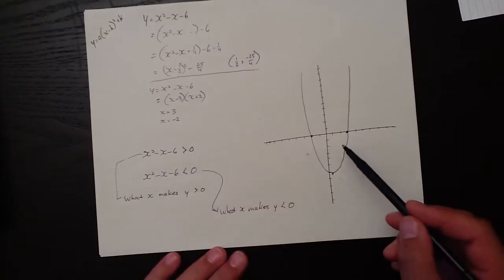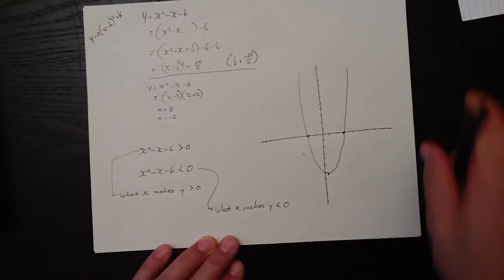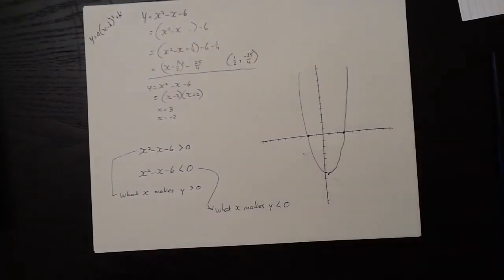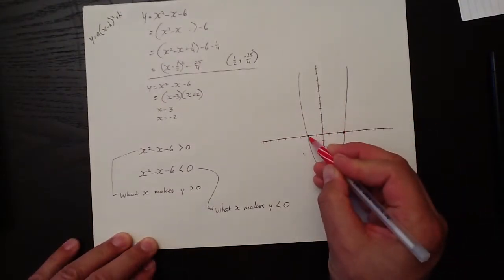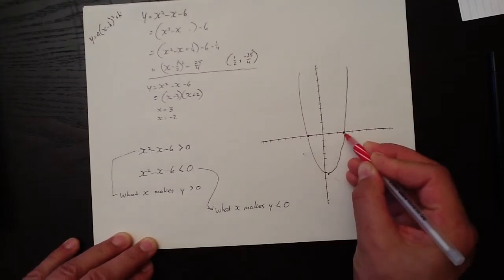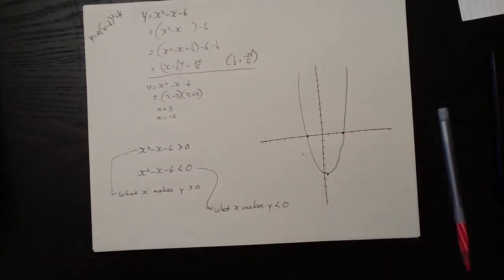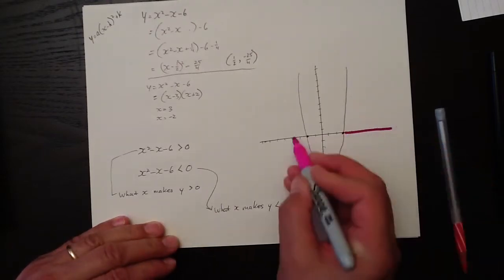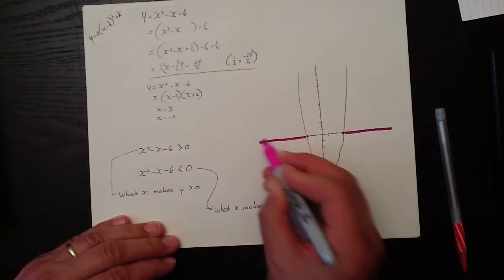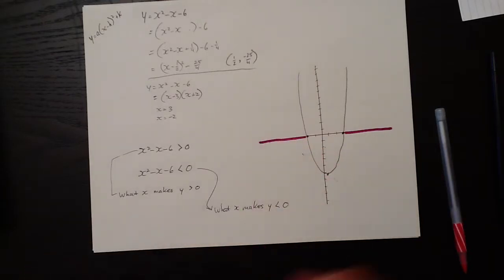To answer the question, you can look to the graph, because there are separate regions here on the graph. This is where x makes y equal to 0, and this is also where x makes y equal to 0. So there's this region here, the x's in the pink region all make y greater than 0.